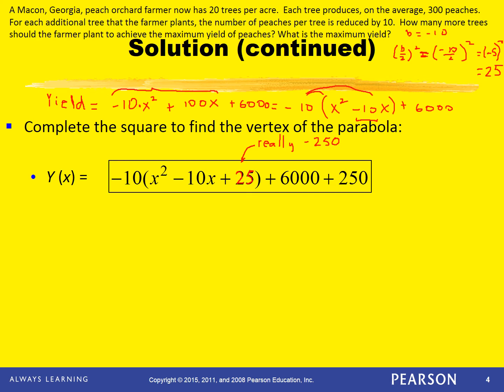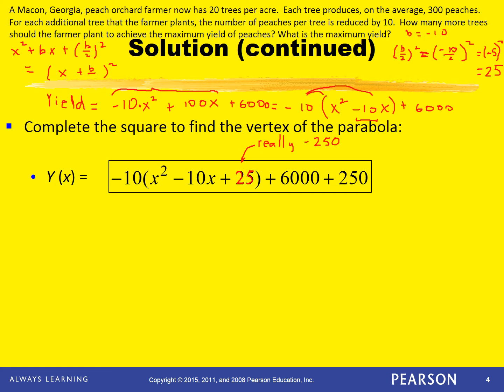Now, you should remember this formula. When you have x squared plus bx plus the square of b over 2, that is the square of the sum, with the 2 on the outside, the square of the sum of x plus b over 2.